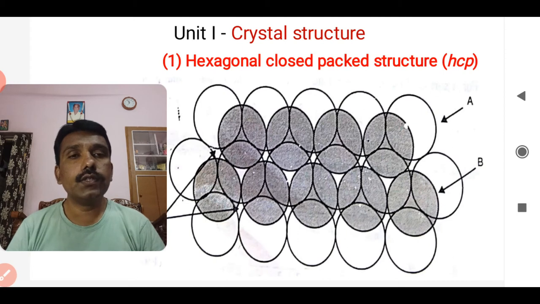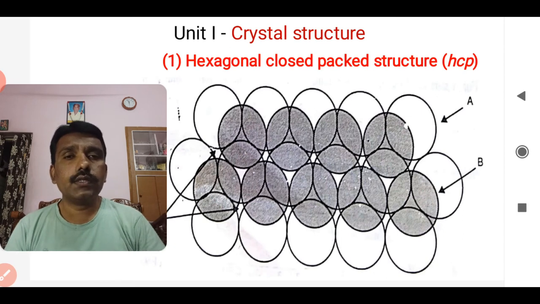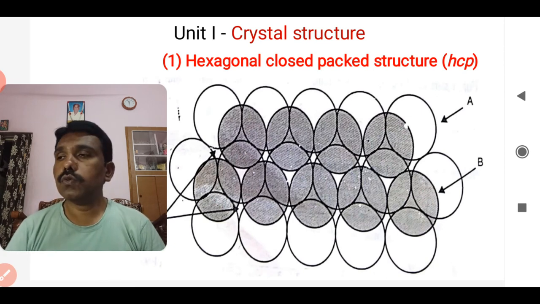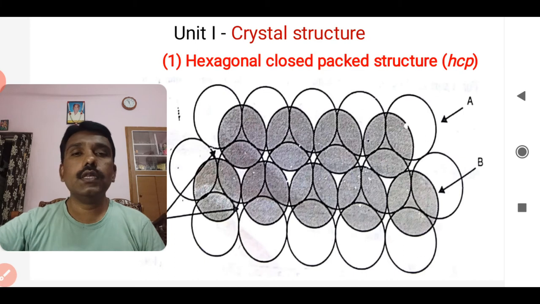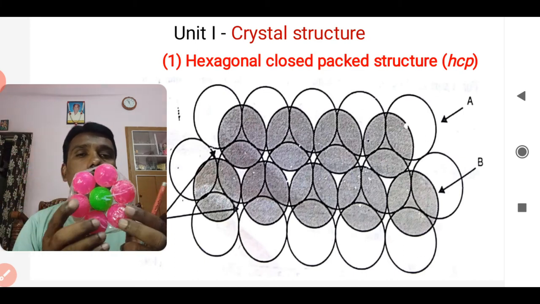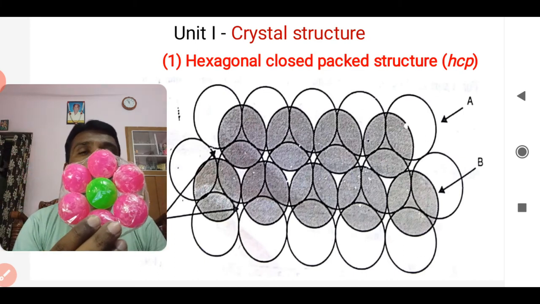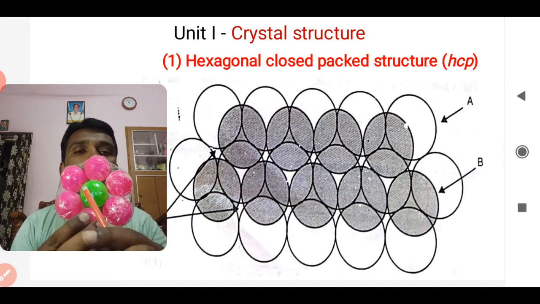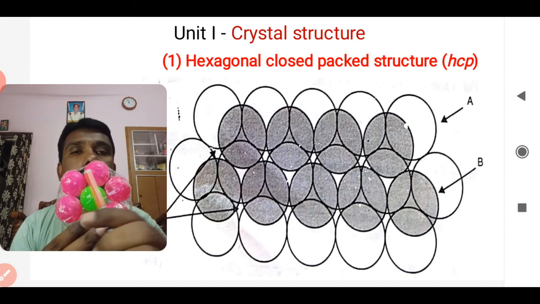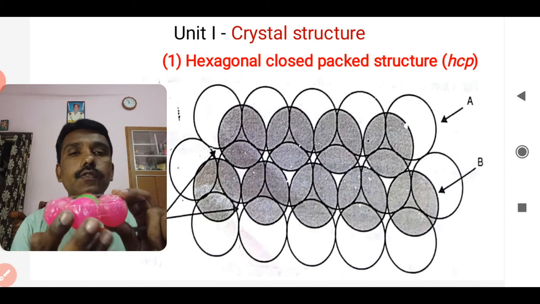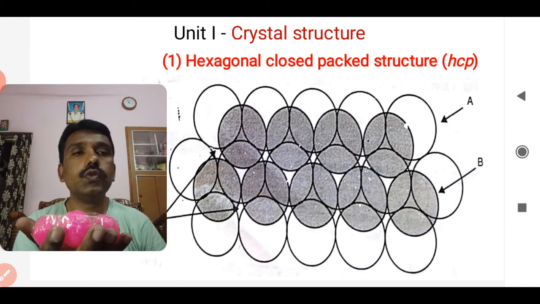Now in the close packed structure, let us see what happens with the layers. Suppose this is the example: one atom is surrounded by six atoms, and this is called the first layer. It is shown here.